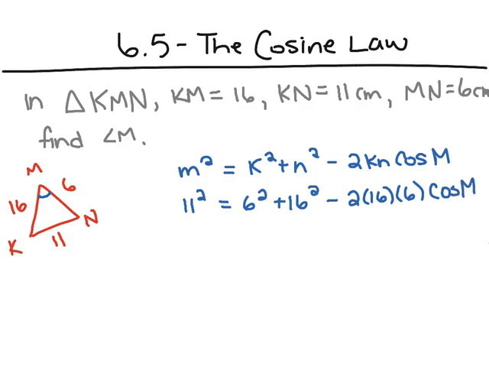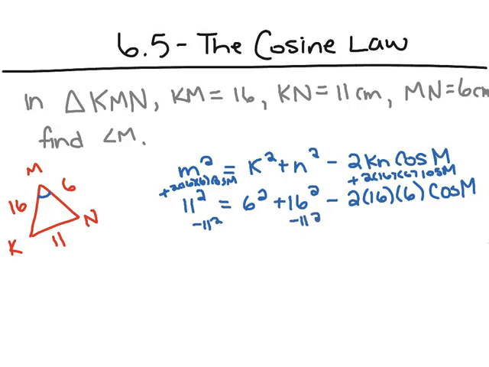Now we want to manipulate this so that we get cos M by itself. So I'm going to write cos M on my left side. So plus 2 times 16 times 6 cos M to both sides because I want it on my left side. And I'm going to subtract 11 squared from both sides.